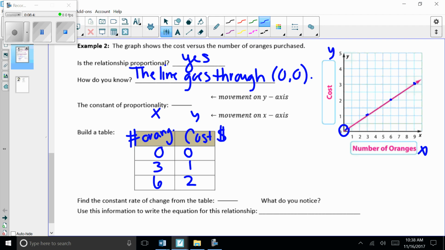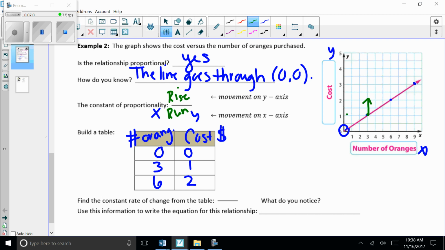Now we're going to find constant proportionality, but we're going to call it rise over run. So we're going to do the rise over the run. To do that, you start at any point that's there. If I start here at my 3, 1, I'm going to rise up until I hit even with where the line of that second point is.